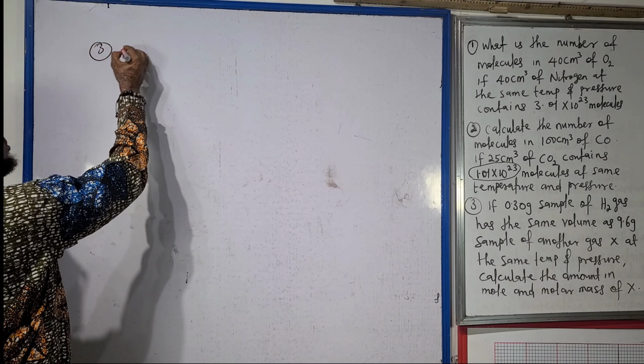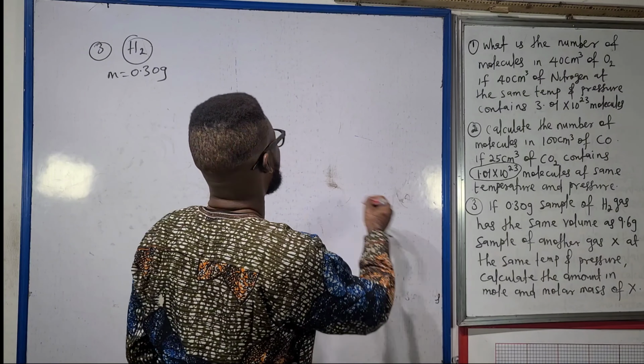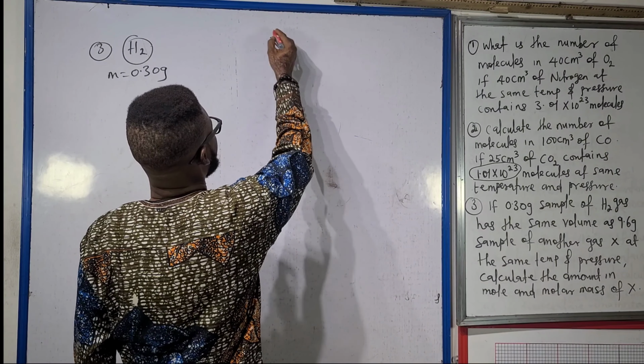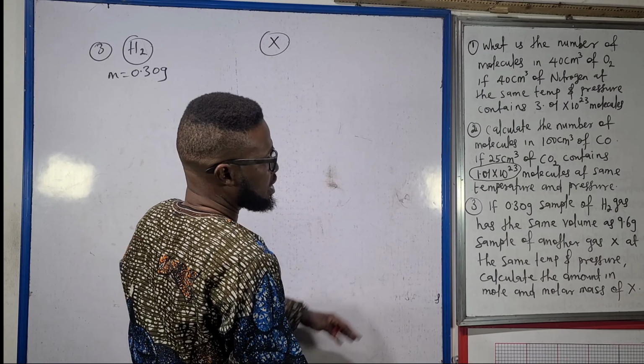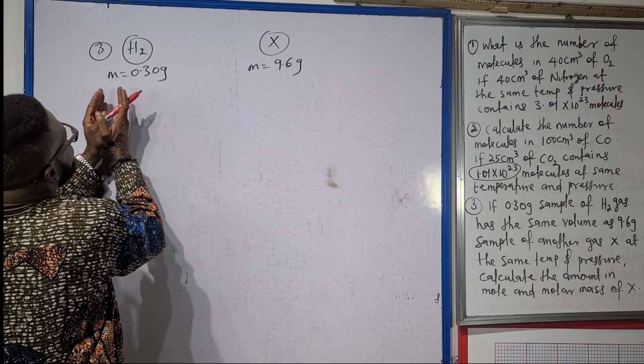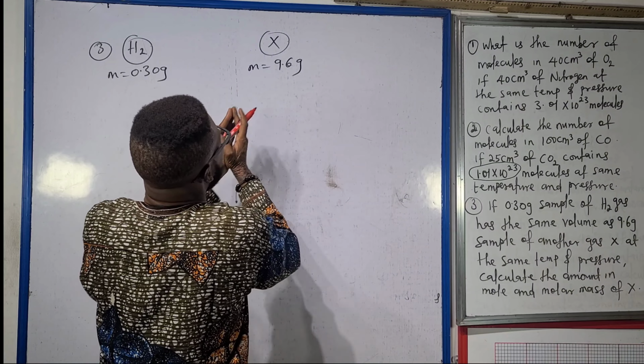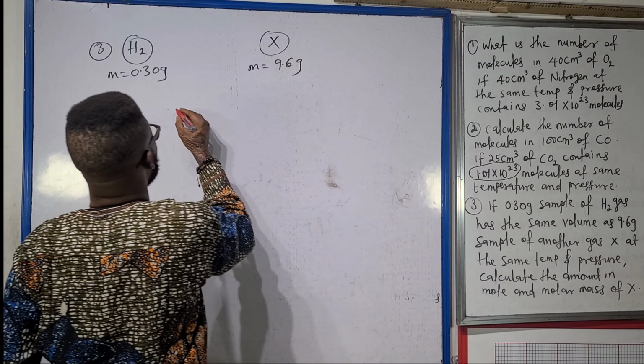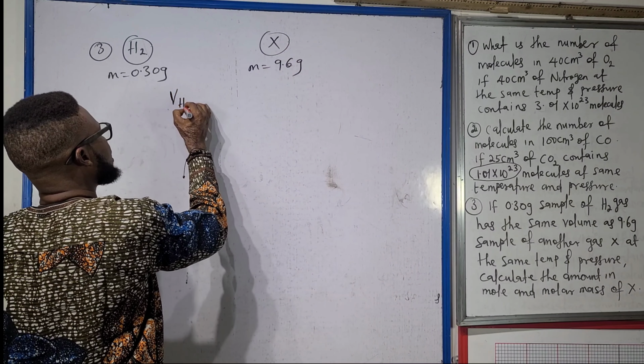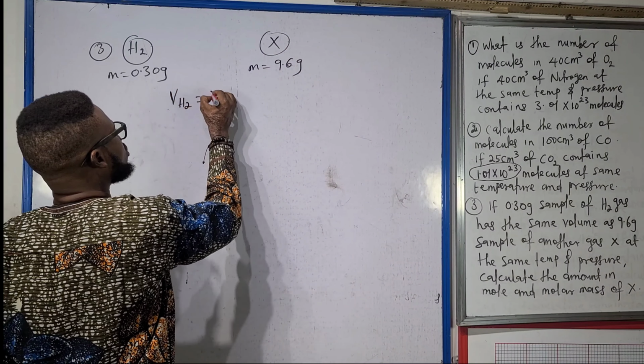The sample of hydrogen gas has the same volume as 9.6 gram of another gas X. Okay, the mass here is 9.6 gram, and you said 0.30 gram of hydrogen gas has the same volume as 9.6 gram of gas X. So you're telling me the volume of hydrogen gas here is equal to the volume of another gas X.